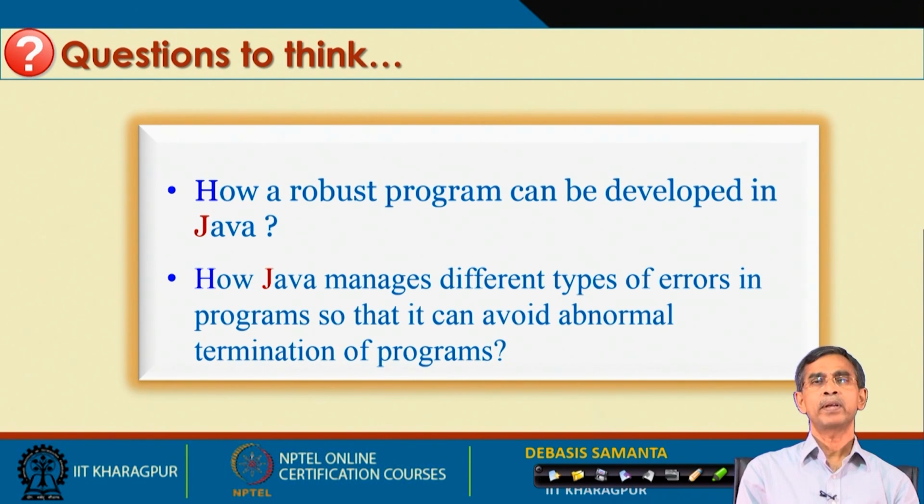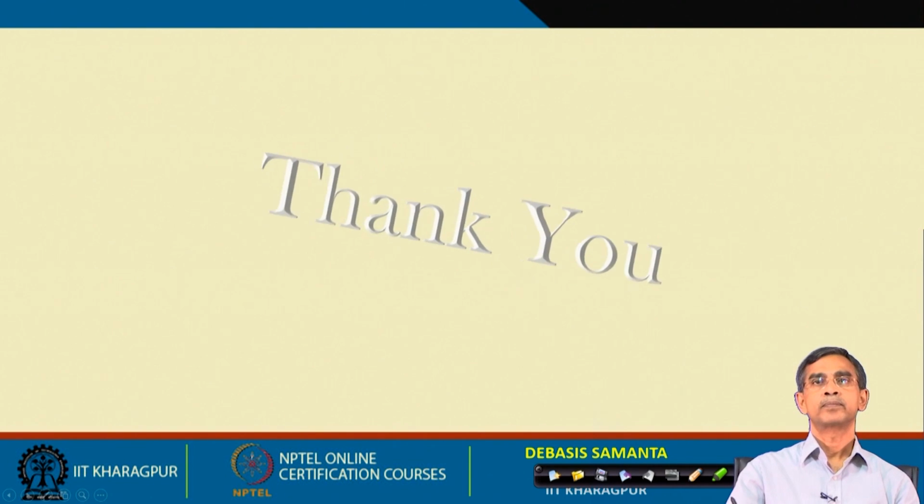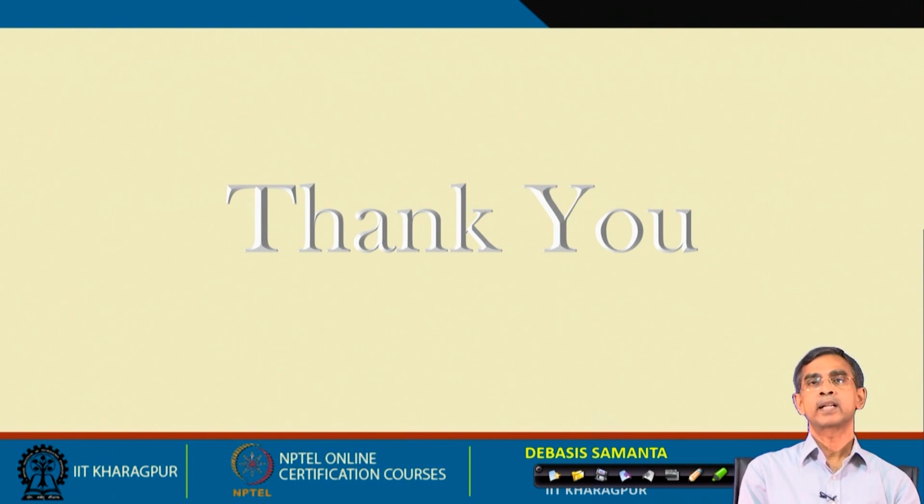There are many errors, and it is particularly a concern when the program size increases from low volume to high volume, because as the code size increases, the possibility of errors increases. So how do we deal with this situation? All these things will be discussed in our next discussion, called the exception handling concept. Thank you very much.